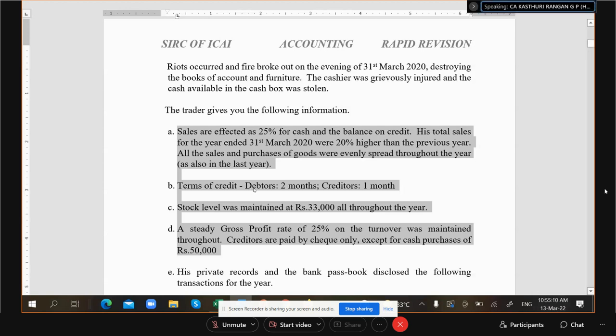Now, for that one, credit is given. When they say debtors is 2 months, at any point of time, 2 months of sales is due from debtors. That is the meaning. You sold goods 2 months before, so on the closing date it is due.